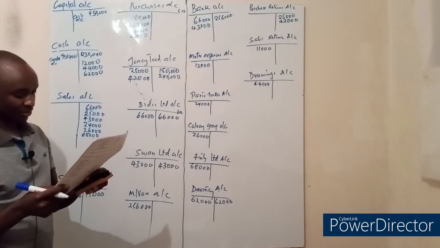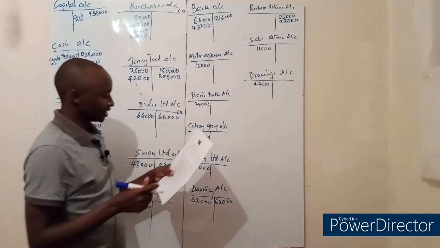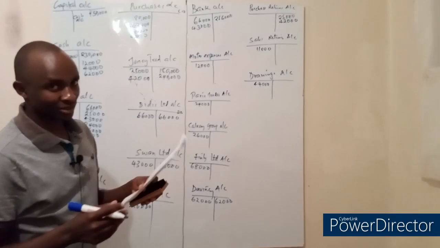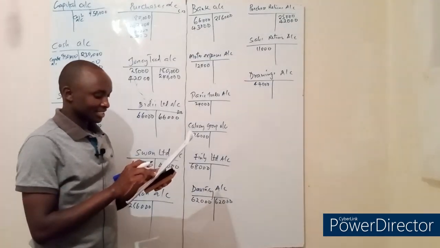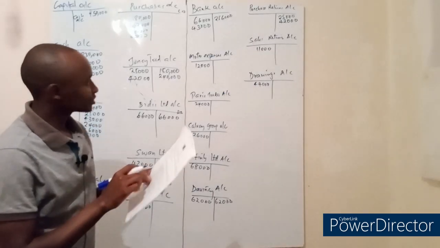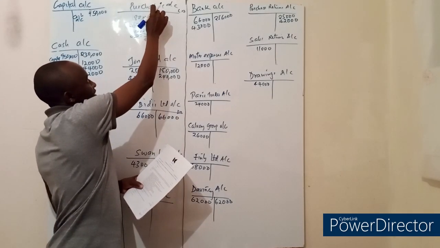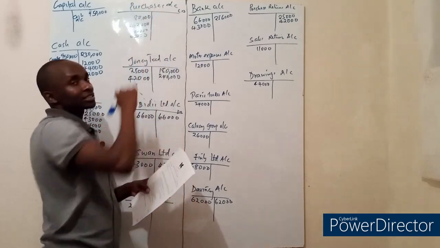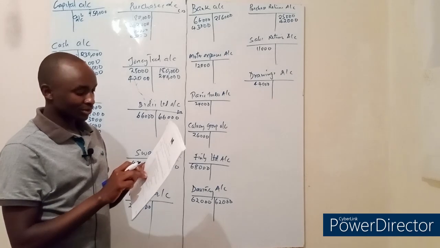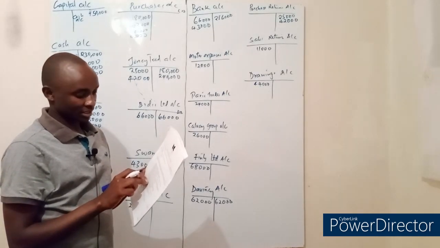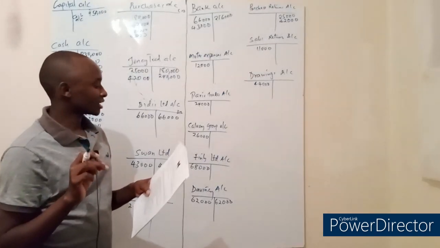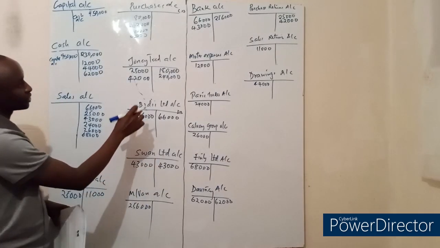Purchase the stationery worth 4,000 by paying in cash. This is where most students normally go wrong. This is purchase of stationery, not purchase of goods. If it was purchase of goods, you show that entry in the purchase account. Purchase of goods strictly. But when it comes to a capital item like the stationery, you open the stationery account just the same way we did for the motor vehicle.